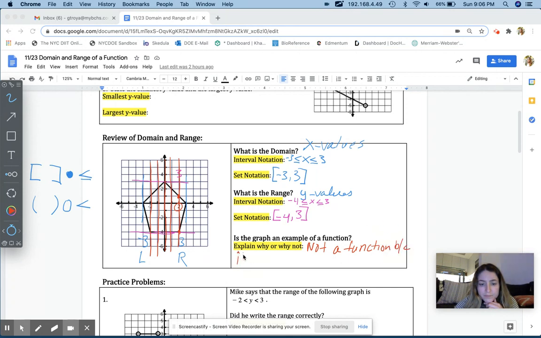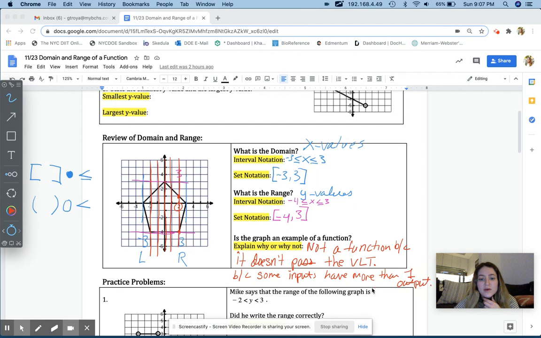because it doesn't pass the vertical line test. Or you can write because some inputs have more than one output.